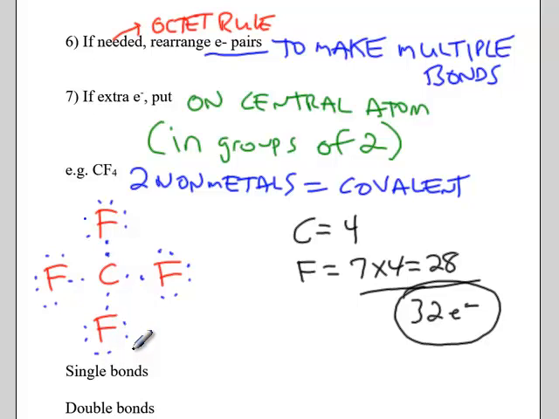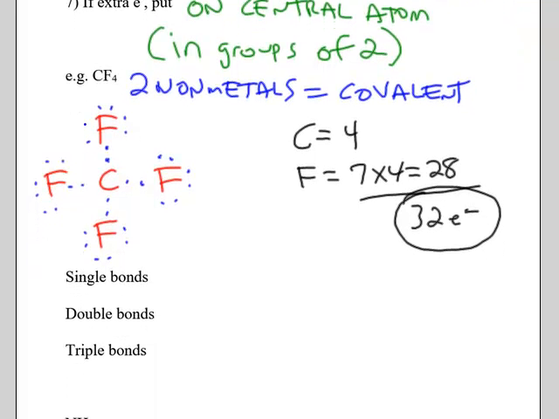Next, we would satisfy the central atom, and the carbon atom already has 8 electrons around it, so that group 18 is satisfied. We don't need to rearrange electron pairs, step 6, and we don't have any extra electrons, step 7. So the final thing we need to do is write this with our bonding electrons drawn as a single line.